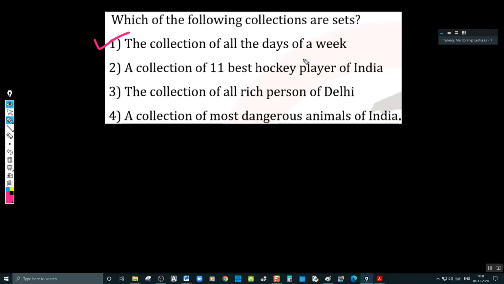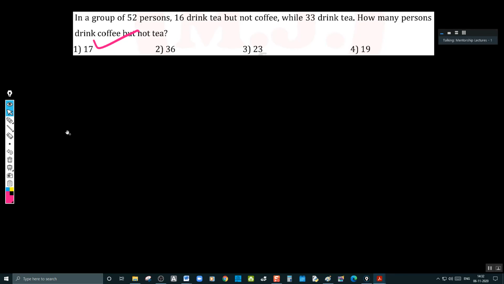Collection of all the days of a week. A collection of 11 best, best is not defined properly. Rich is not defined properly. Dangerous animals is not defined properly. Not properly means mathematically not defined. So the answer is 1. Okay? Let's move on to the next one.